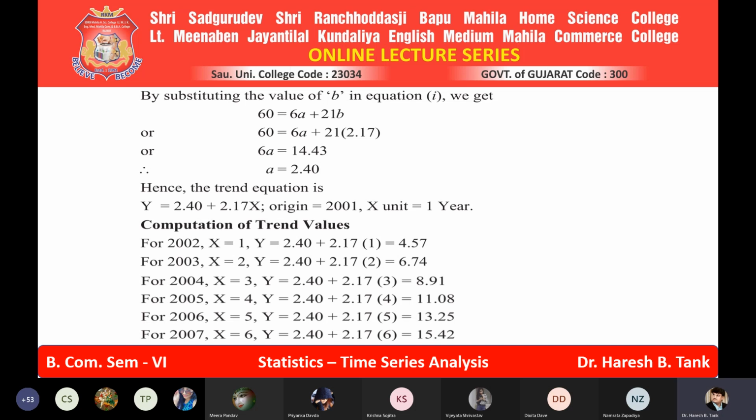To show it in the table, you have to make one more column named YC and put all these values against the respective years: 4.57, 6.74, 8.91, 11.08, 13.25, and 15.42. And this is how the whole example is done.